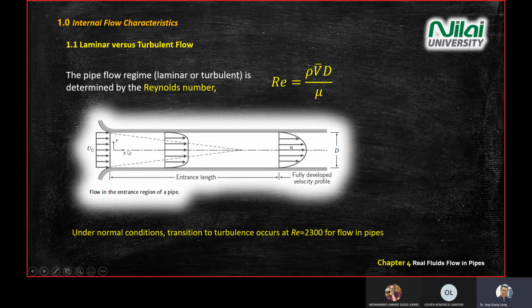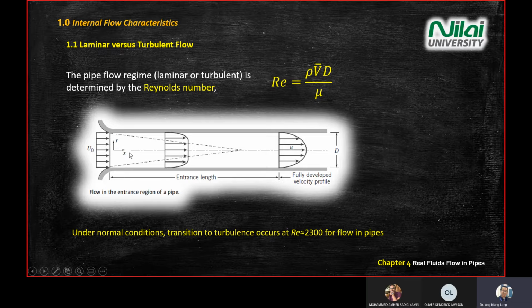Our reference axis is from the center of the pipe. You can see the axis over here, beginning from the center line of the pipe. And for our y-axis here, we will use a radius from the center, which we denote as r.